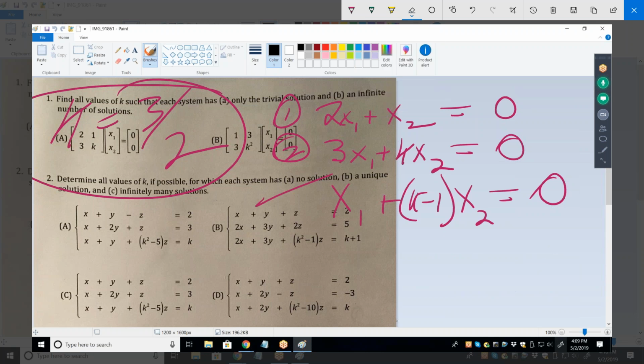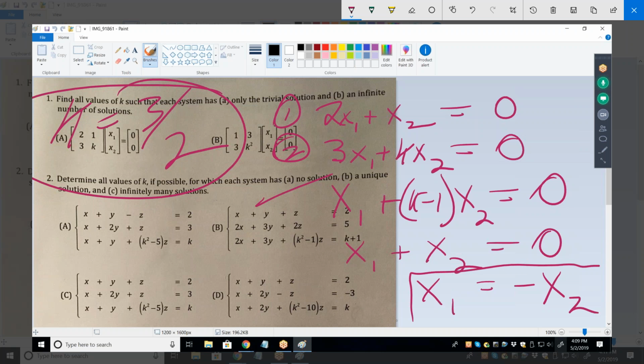Let's let k equal 2. Then I would have x sub 1 plus x sub 2 equals 0, which means x sub 1 equals minus x sub 2. As long as x sub 1 is equal to minus x sub 2, then this should be a real solution.